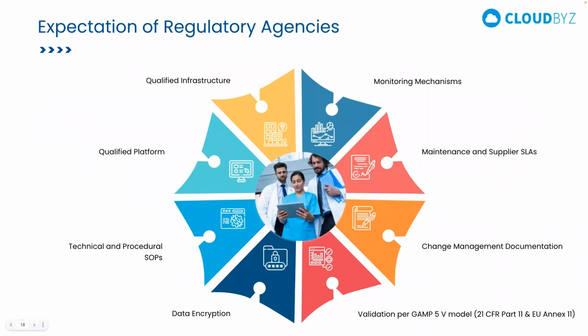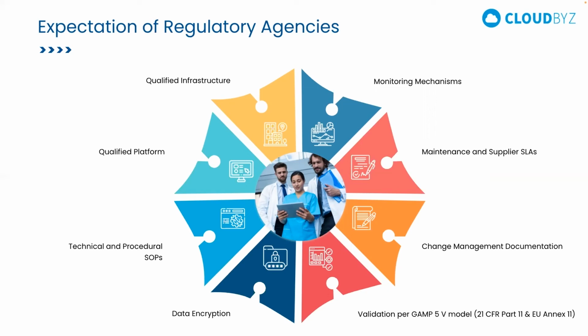So by and large, all regulatory agencies and organizations look for qualified cloud infrastructure, and they will demand a qualified platform. They will also see whether the policies and technical procedural controls are in place.